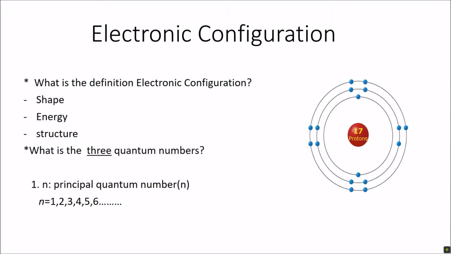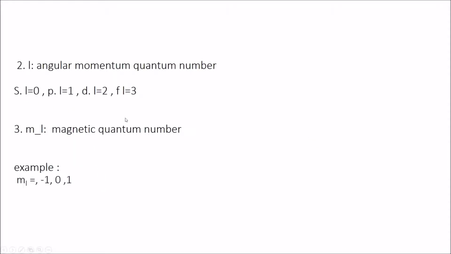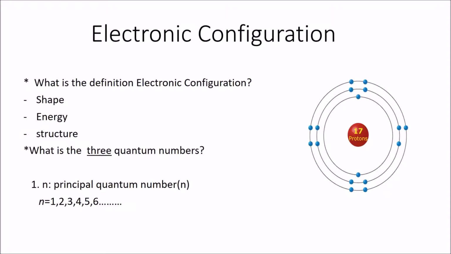The first is the principal quantum number, the second is the angular momentum quantum number, and the third is the magnetic quantum number. Also, there is a fourth one, but it's not a solution of the Schrödinger equation. We call it the spin magnetic quantum number, m sub s.